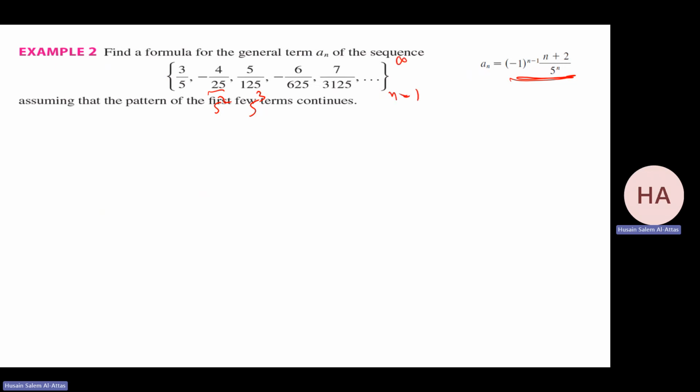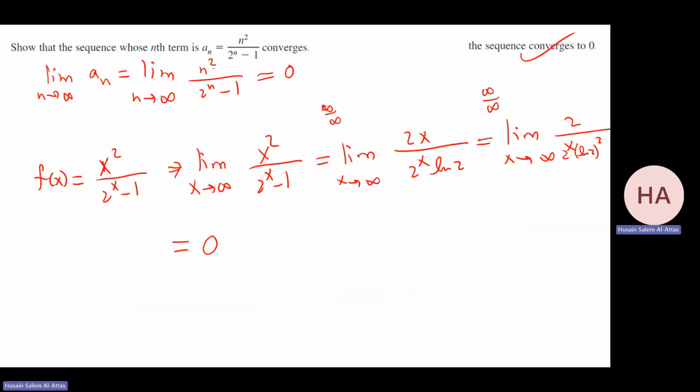Now we need to check the limit of a_n as n goes to infinity, and a_n is (-1) to the power n minus 1, times n plus 2, over 5 to the power n.